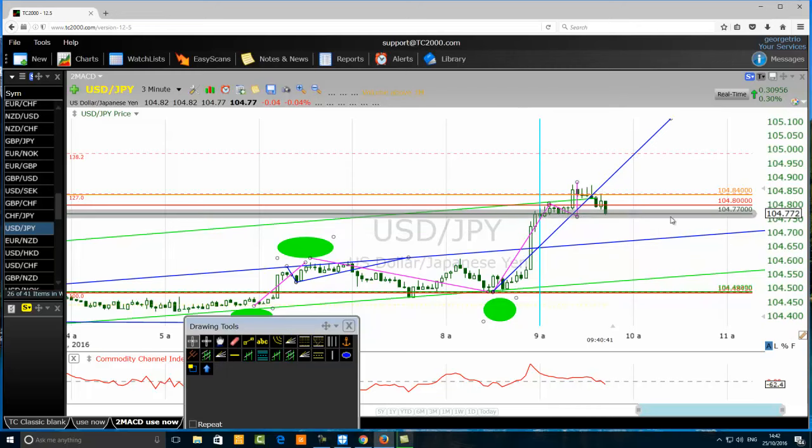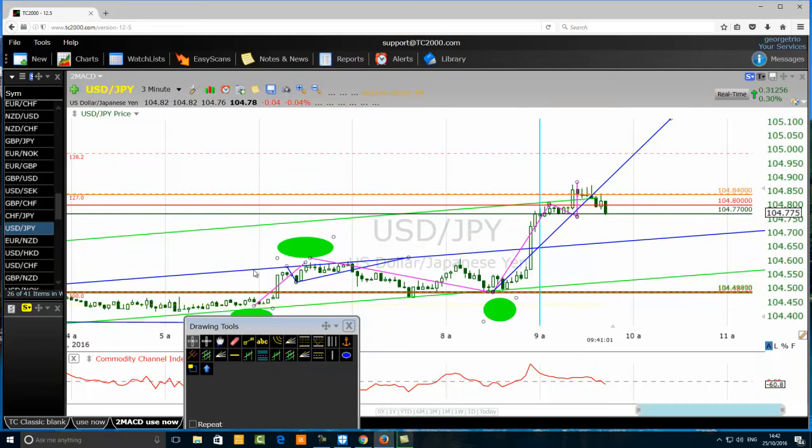So now I'm in this trade selling the USD/JPY, the US dollar against the Japanese yen, at 104.77. I need to place my stop loss, and I'm going to use a tiny stop loss, 7 pips.